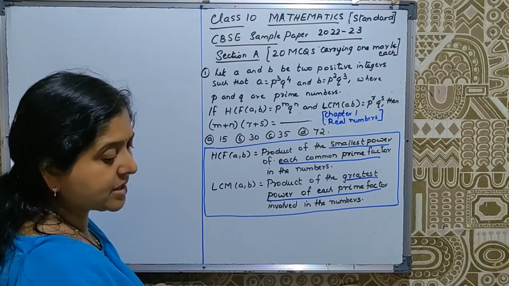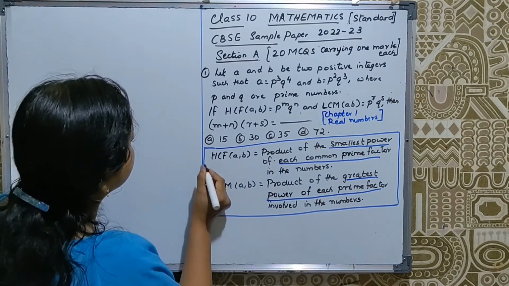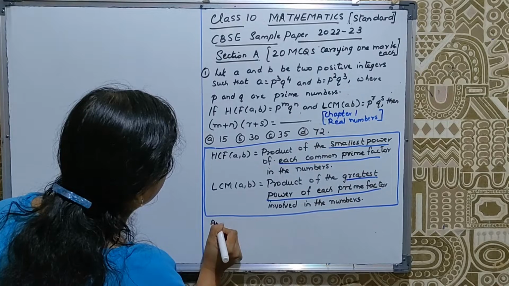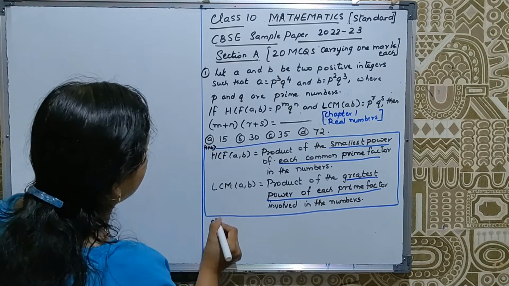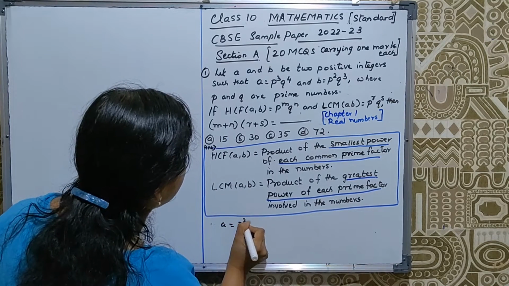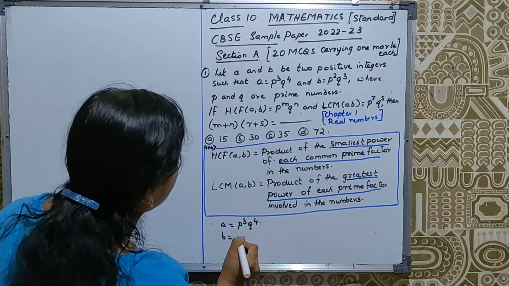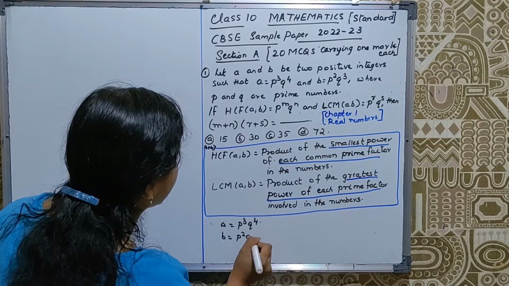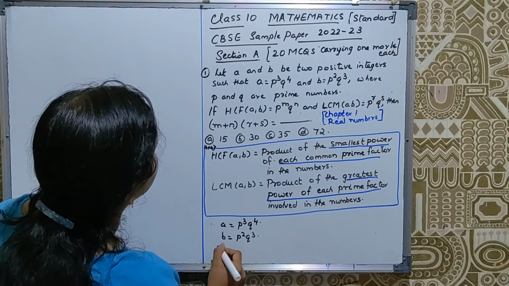So in the given data, we'll write A equal to P cube Q raised to 4 and B equal to P squared Q raised to 3. Now we are writing the HCF.